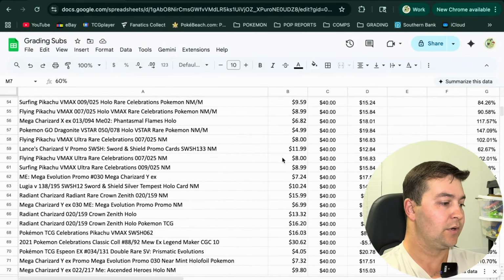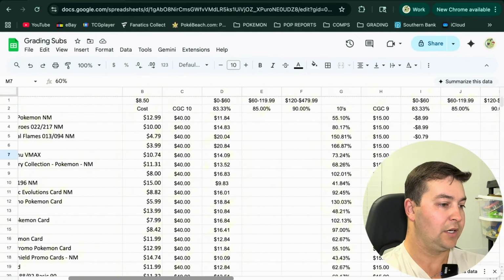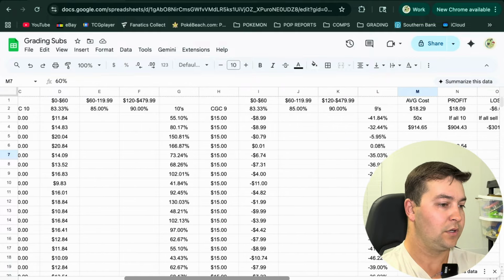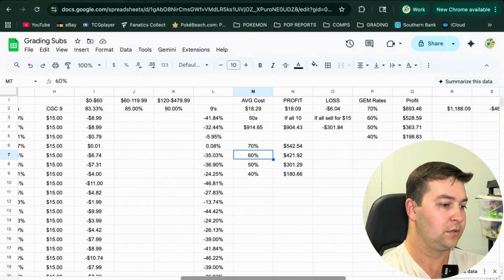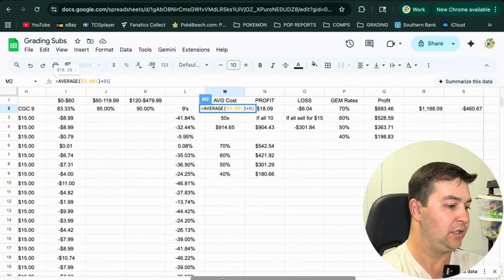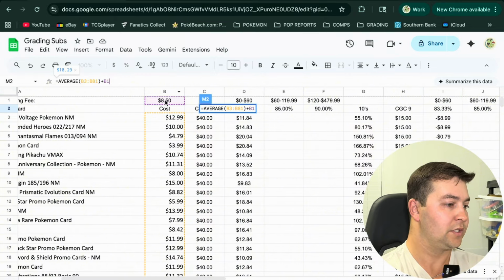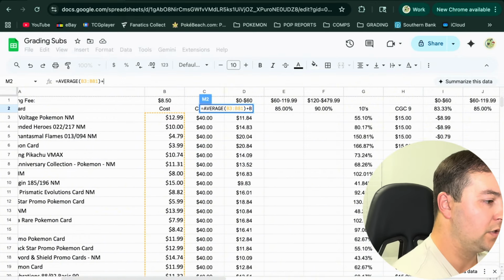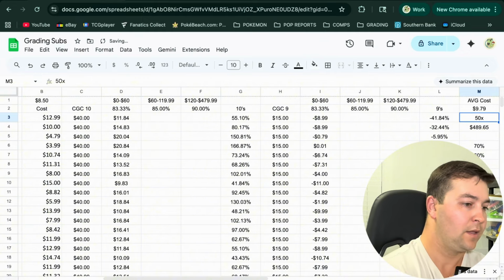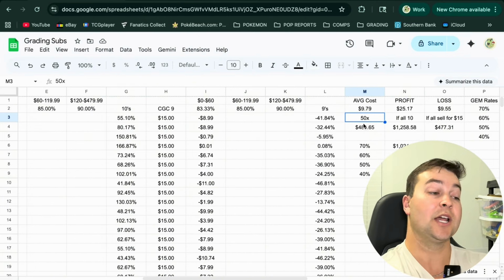As you can see, we are up to 81 cards with I think an average cost of $18.29, but this includes the grading fee that I have right there. So if I just removed that, the average cost of every card is $9.79.